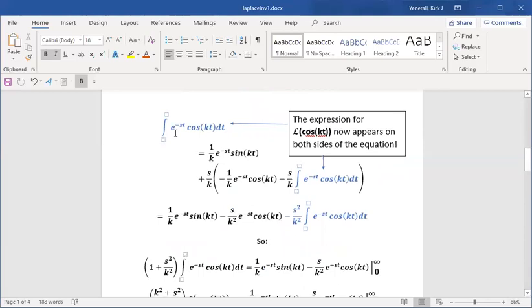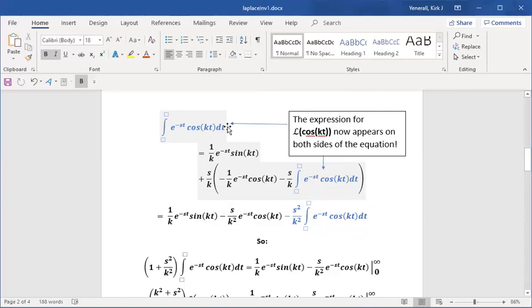We're going to find that our original antiderivative here of the negative exponential times the cosine is 1 over k times the negative exponential times a sine term plus, and then we're going to have effectively negative s over k squared times the negative exponential times the cosine minus s squared over k squared, because of the distribution here, times, and note this, the very same integral that we started with on the left-hand side.